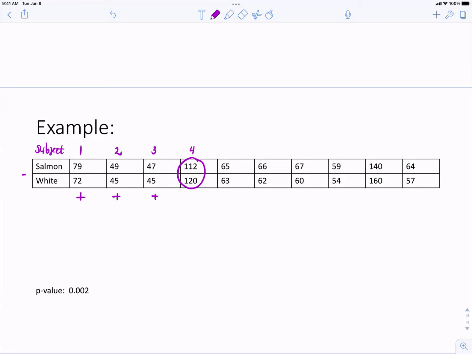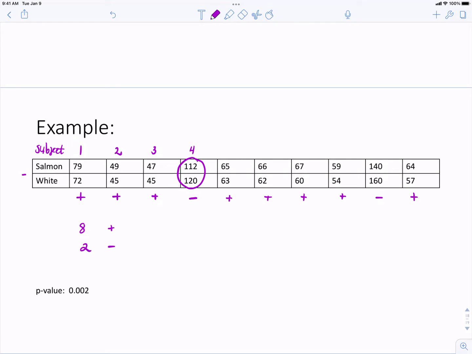So if we take 112 minus 120, that gives us a negative value. And again, we would just continue along this way, looking at our differences and determining if they are positive or negative. In this case, there were 10 subjects, and what we got were 8 positives and 2 negatives.